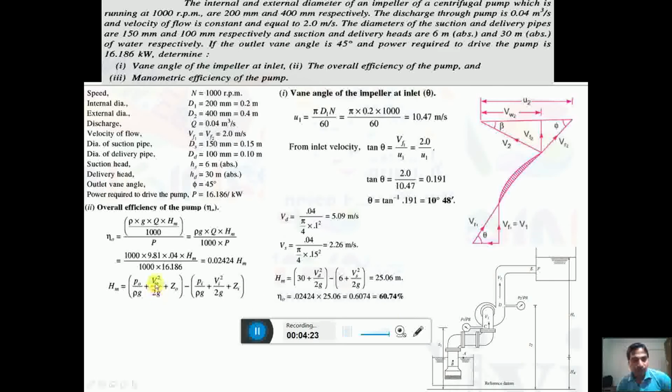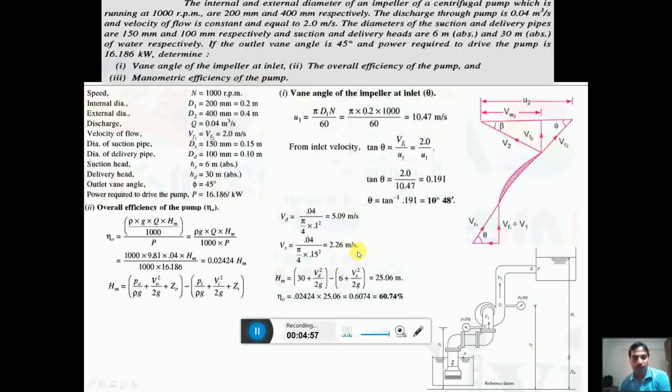As we know, the velocity in delivery pipe and velocity in suction pipe, that simply we can calculate. As we already have the discharge here, velocity in delivery pipe is nothing but discharge by area of cross section of pipe, that is pi by 4 d square. So from there we can get the value of velocity in delivery pipe, whereas velocity in suction pipe similarly we can get by Q by pi by 4 ds square.